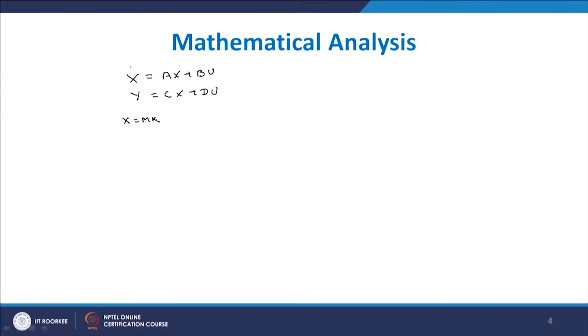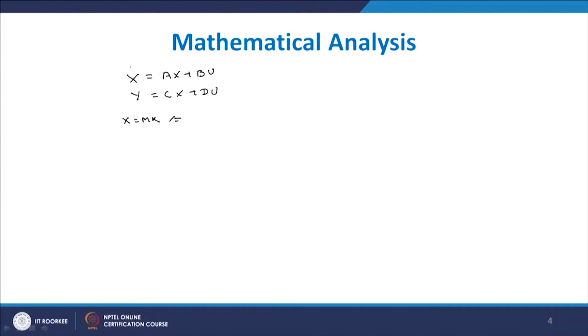M operates on k and we get x. This M is an n cross n matrix. After this we can write this equation as k equals M inverse x.